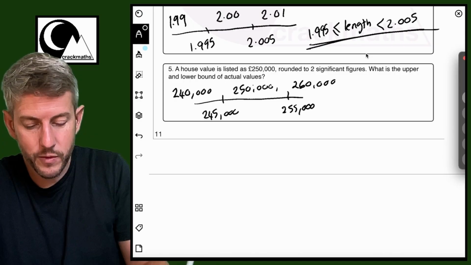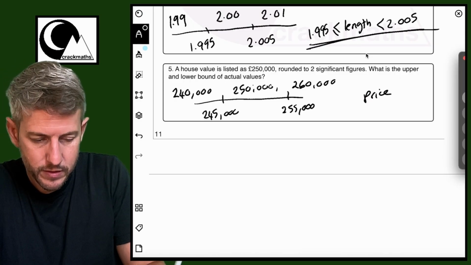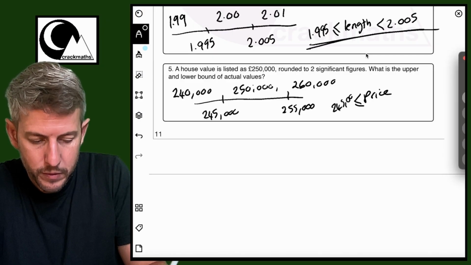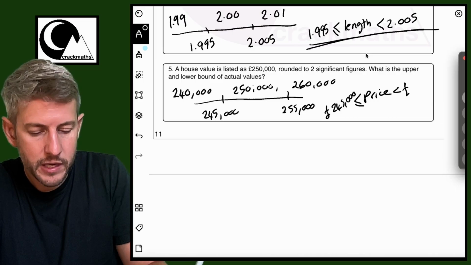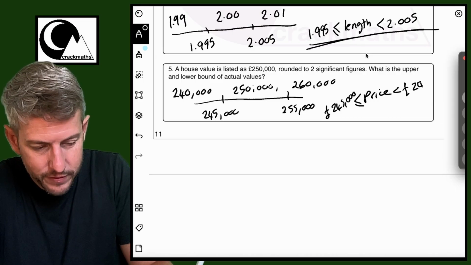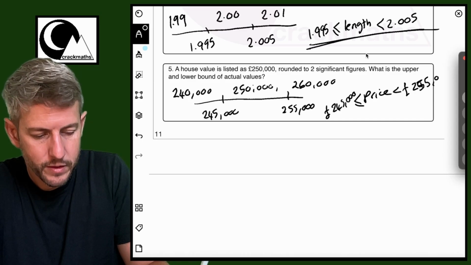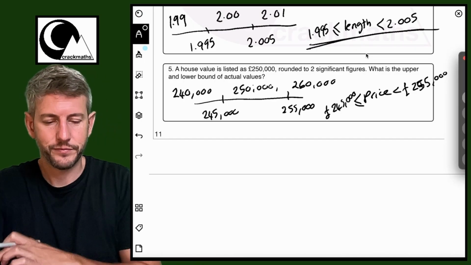So there we go. Now we know our price was greater than or equal to £245,000, and it was less than £255,000. There we go. Right, perfect.